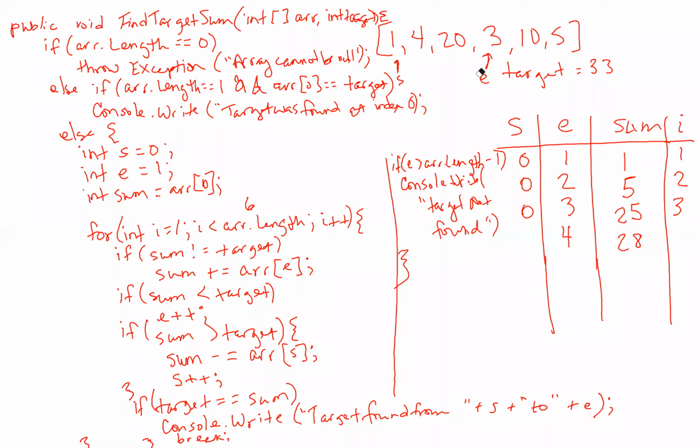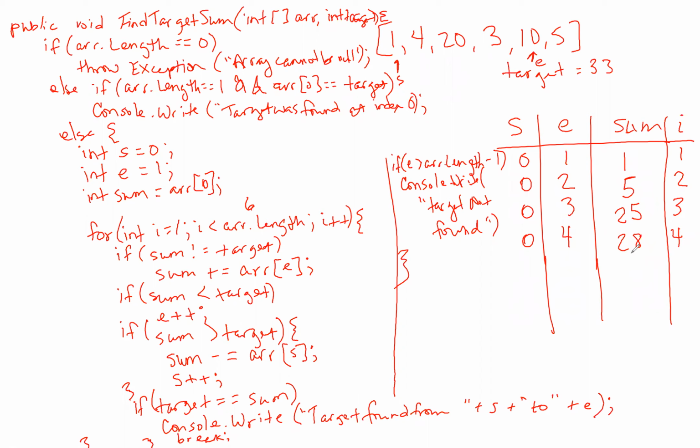So we will increase that. And if sum is greater than target, it's not. So S is staying at 0. And they are not equal to each other. So I++, and we get 4 is less than 6. So we keep going. Sum does not equal target. It does not. 28 doesn't equal 33. Sum plus equals array at E.